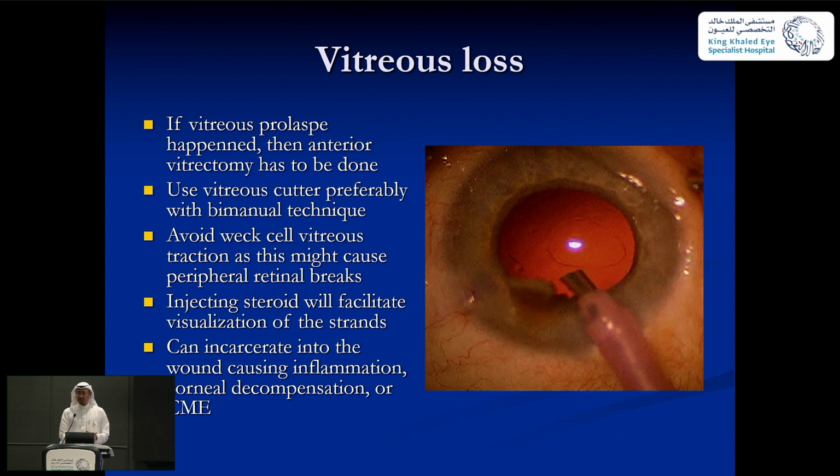If they are fixed, it means that there is vitreous. They have to be moving and flappy for you to know that there is no vitreous. But how can we see it? We can see it by triamcinolone or steroid injection into the anterior chamber. You can see the vitreous strand, and you can go there and cut it.